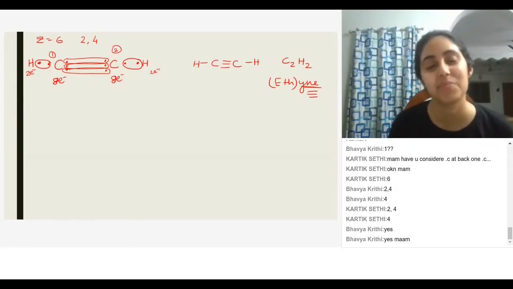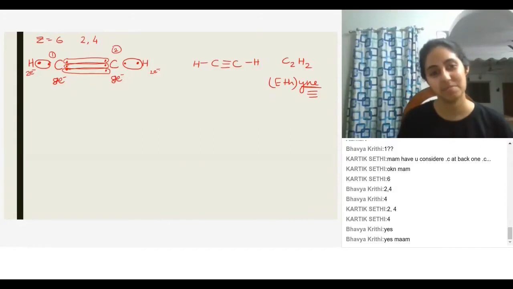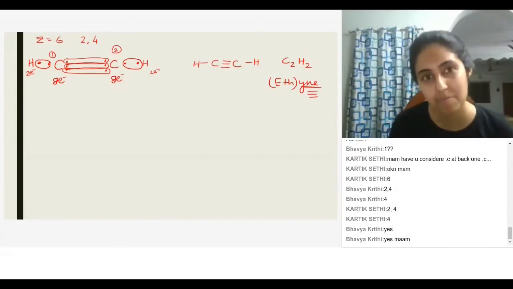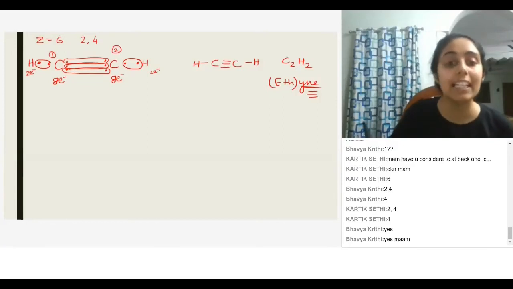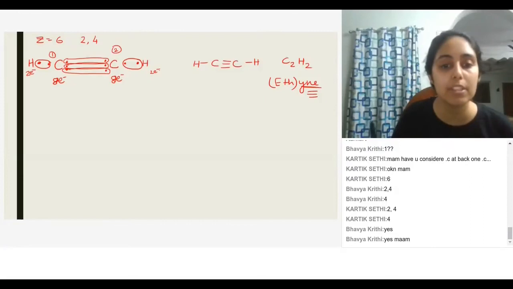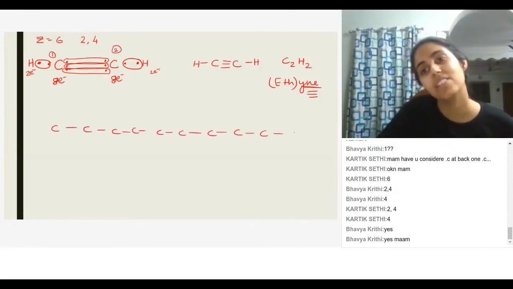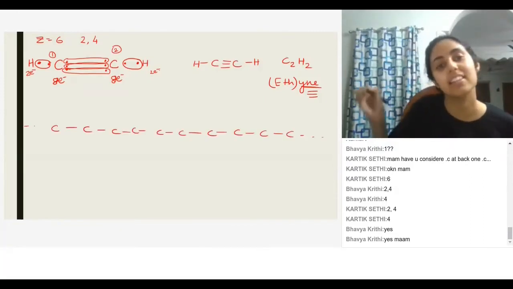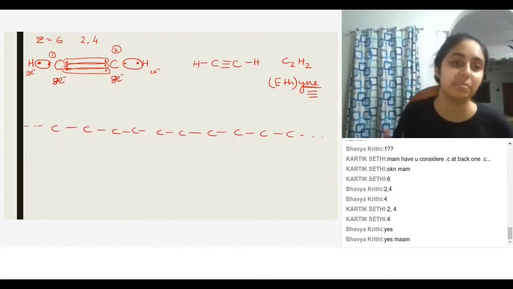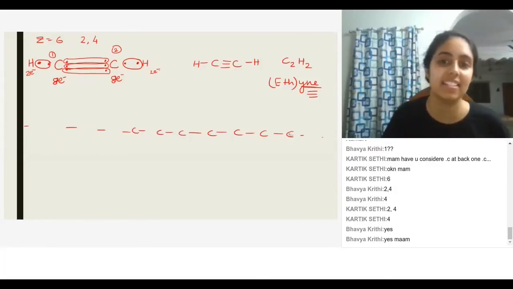Ma'am, but it is possible because few minutes ago, ma'am, you said that hundreds of bonds can also happen. When I say hundreds of bonds are possible, I mean that the other two can be shared by something else also. Yes, correct.